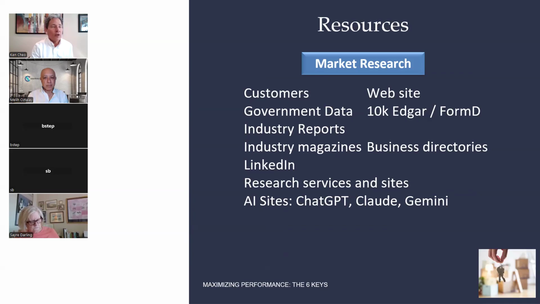Well, if you're getting a private equity investment, you have to submit a Form D to the SEC. Or if you're a public company, you have to file 10Ks every quarter. That's public information you can get from the EDGAR database. Industry reports. I read the Boston Business Journal.